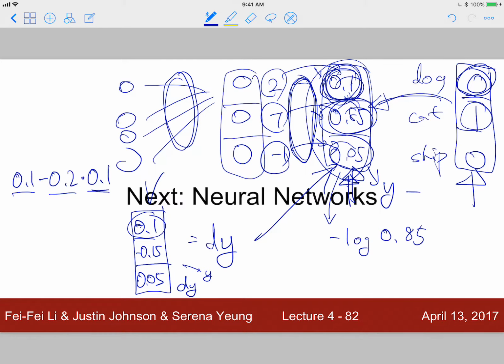So what does it say? Currently, the probability assigned to the dog class is 10%, but should that 10% be decreased or increased? Decreased, because of this gradient descent update, right? And how much? In proportion to its original probability value.